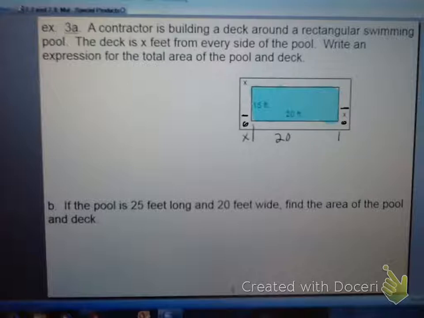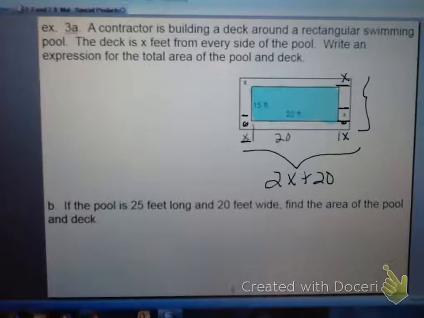From here to here, the length of the sidewalk is also x. So the total length would be this x and this x, so it would be 2x plus 20. The width would be this x and this x, so it's 2x plus 15.